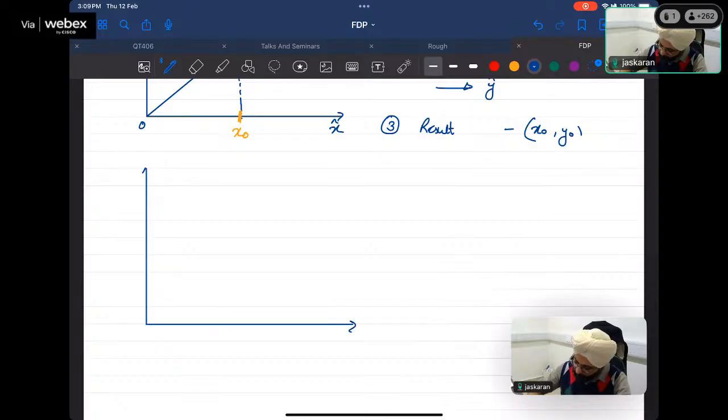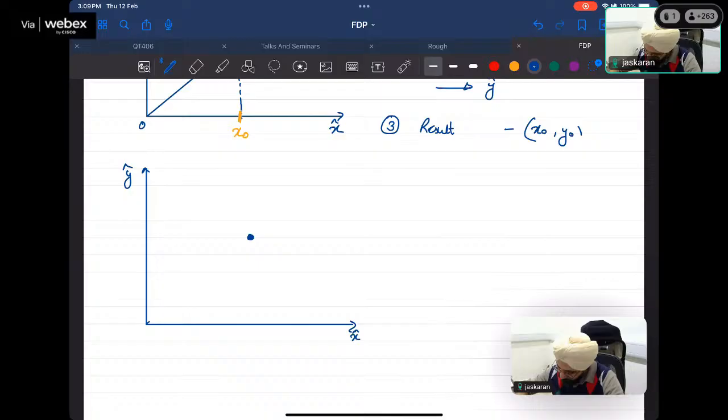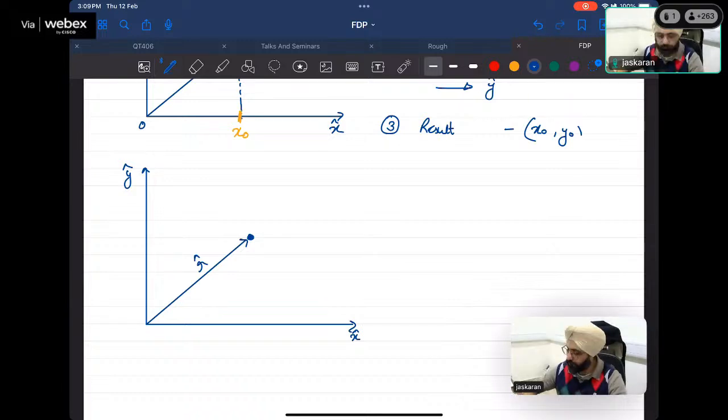Let's say we already have this x cap and y cap, which was our earlier basis, and this was our particle. What I can do is have a vector and look at its radial distance from the origin, as well as the angle it makes from the x cap axis.